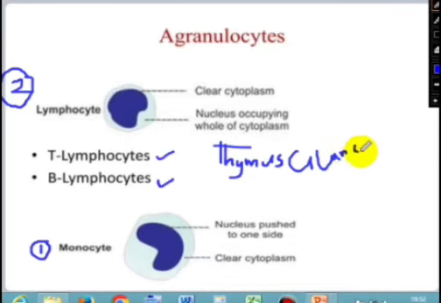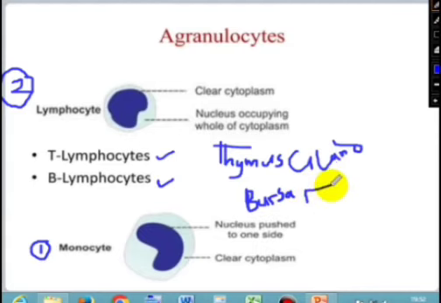However, the B lymphocytes were first discovered in the bursa of Fabricius in birds. Alright? The bursa, it is spelled B-U-R-S-A F-A-B-R-I-C-I-U-S.